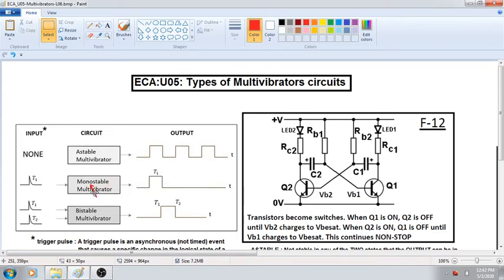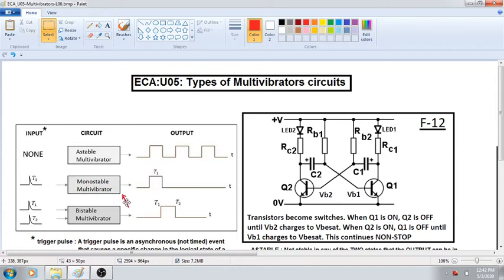So why are we calling it monostable? You must be guessing now. It is called monostable because out of the two states, it is stable only in one state, that is this state. Once it is in low, it will remain there unless and until a trigger pulse is given to the monostable multivibrator.